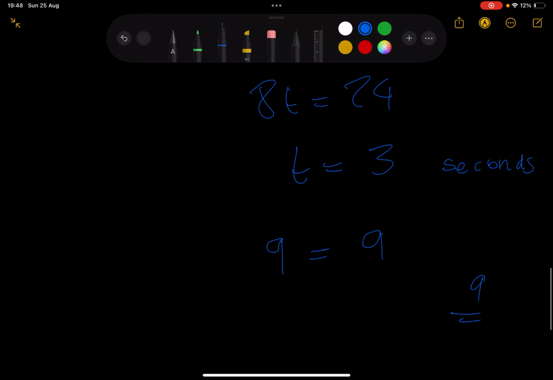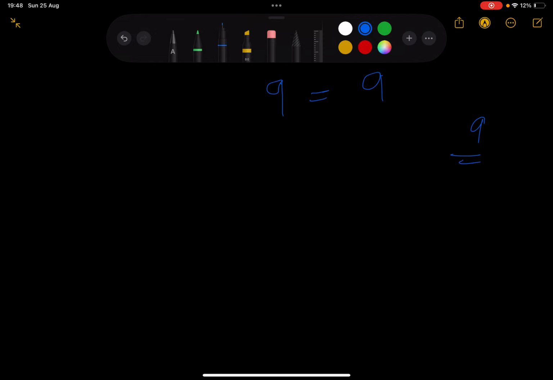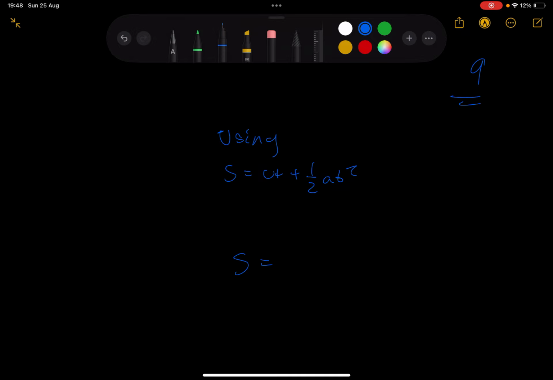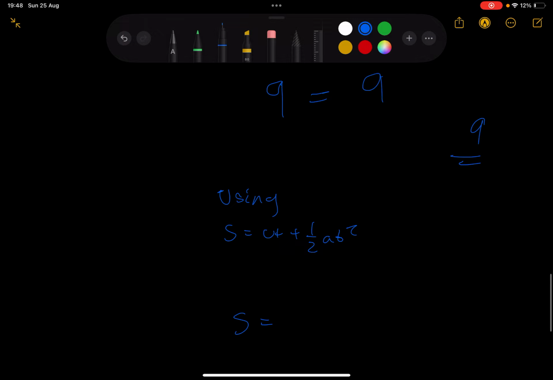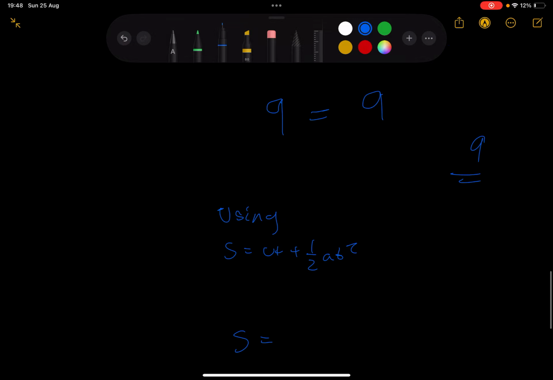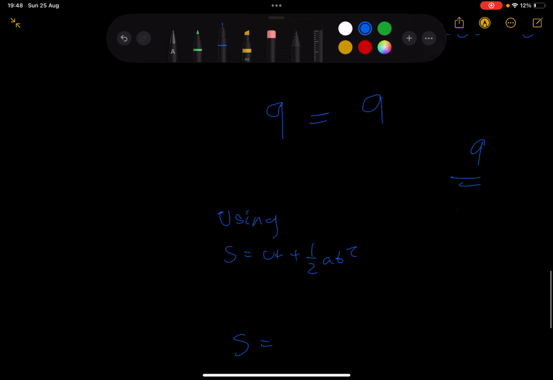Now for the vertical direction, let's take that into consideration. Using s equals ut plus half at squared, s equals 18.7 times 3 plus half times minus 9.8 times 3 squared.